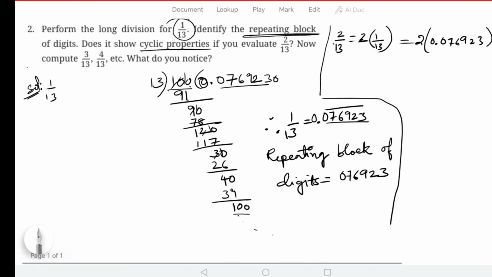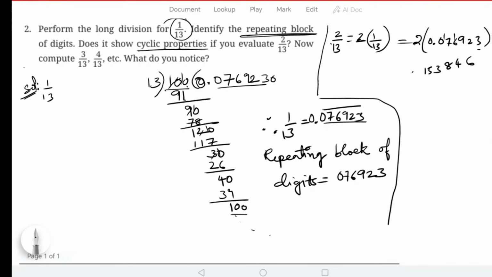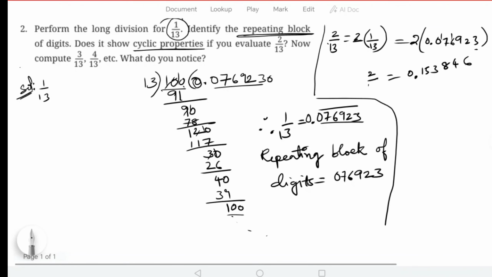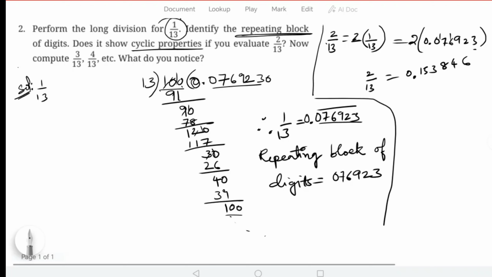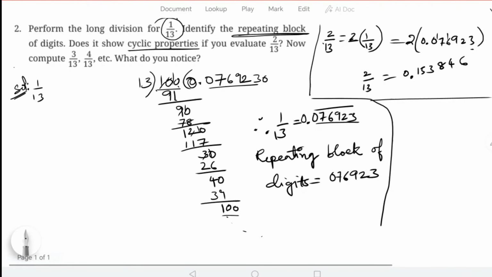Let us multiply. 2 threes are 6, 2 twos are 4, 2 nines are 18, 2 sixes are 12, plus 1 is 13, 2 sevens are 14, plus 1 is 15. So for 2 by 13 we got 0.153846.